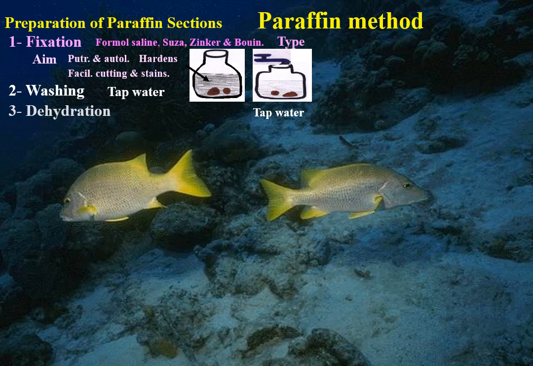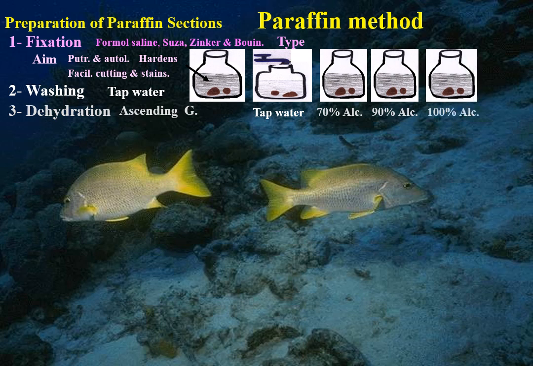Dehydration. Water is removed from the tissues by placing them in ascending grades of alcohol, 70%, 90%, and 100%, in order to remove water gradually from the tissues to avoid their shrinkage.